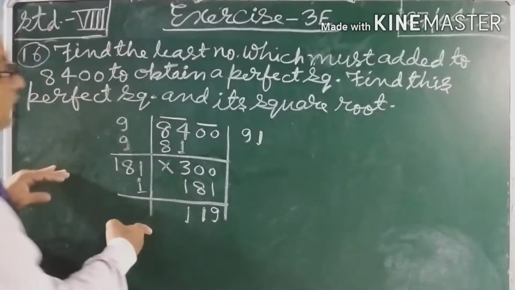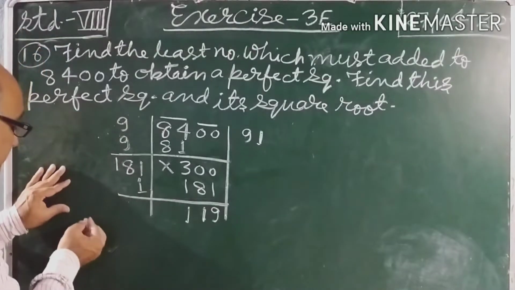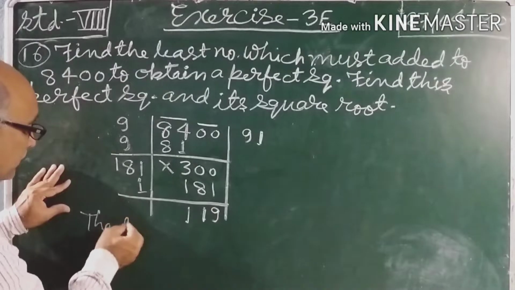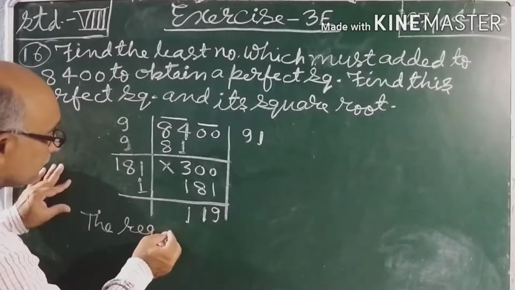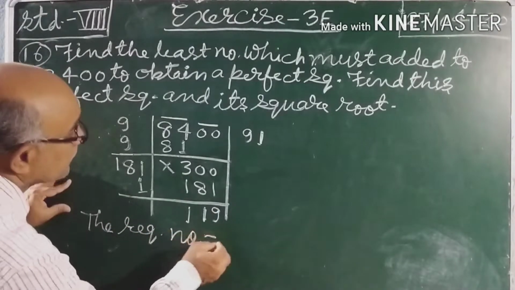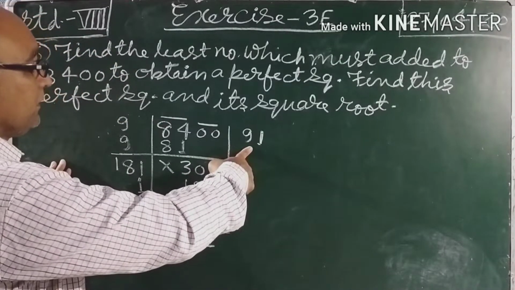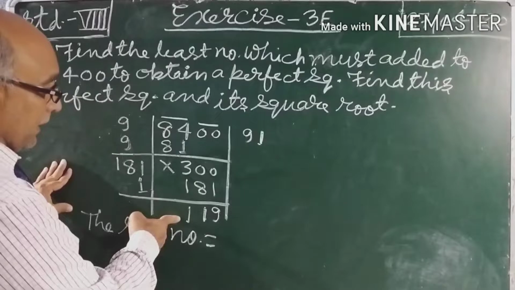Now the least number required is equal to 91 here, but remaining 119.